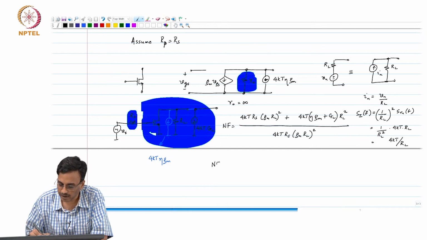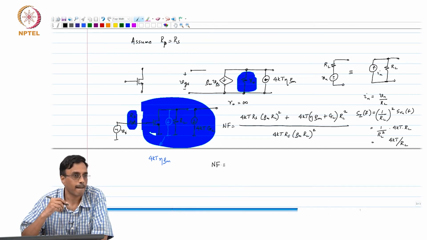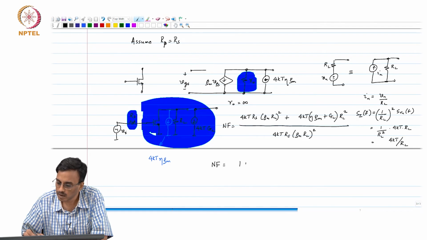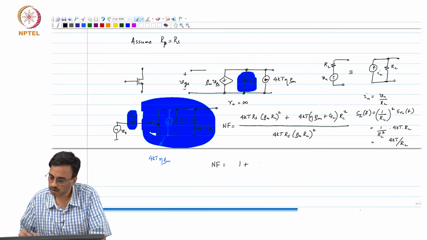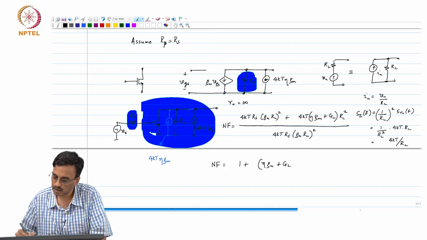And therefore, the noise factor is 1 plus (ηGm plus GL) times RL squared, divided by Rs times Gm squared RL squared.